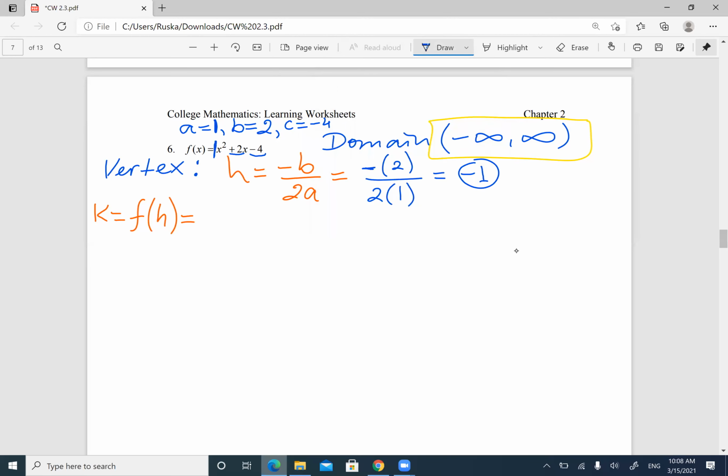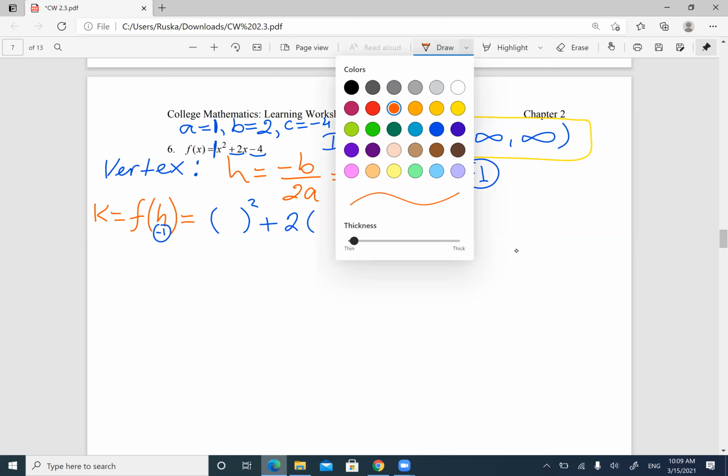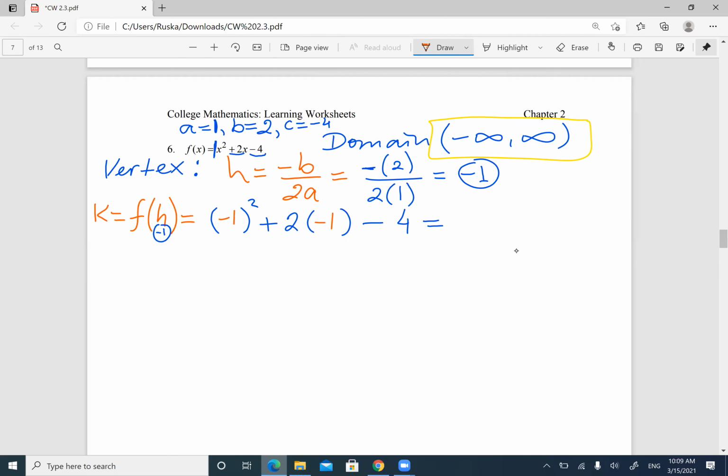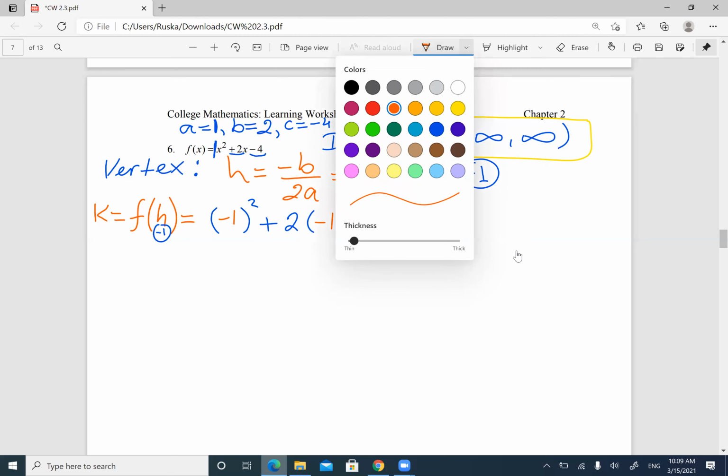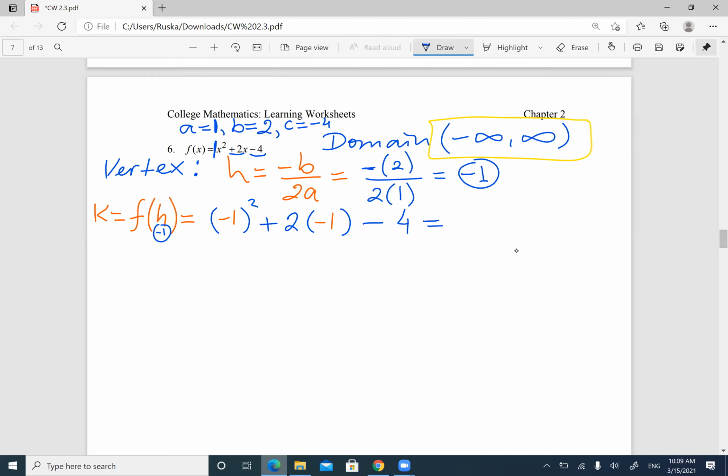After you find h, we're going to find k. You find k by plugging in whatever you found for h, which is negative 1, for each x. You replace x with h and follow the function. So negative 1 squared is 1, minus 2, because 2 times negative 1 is negative 2, and then minus 4.